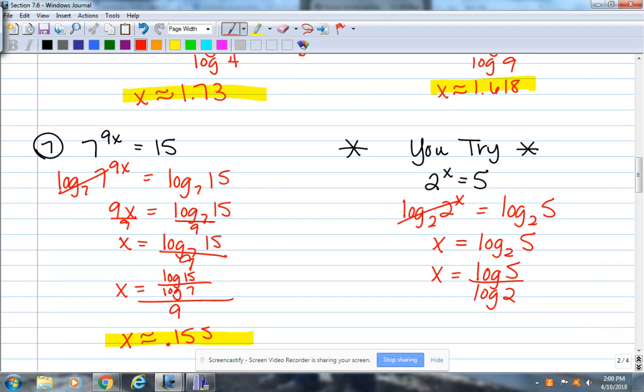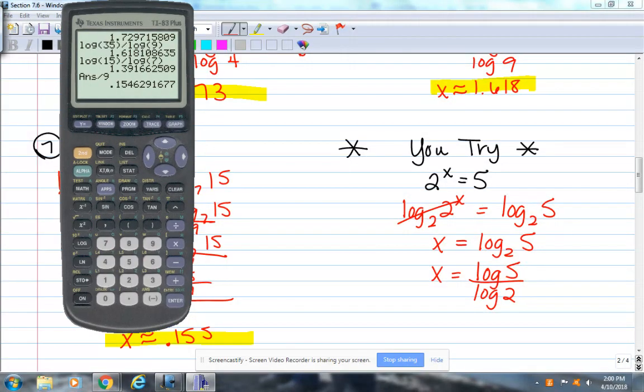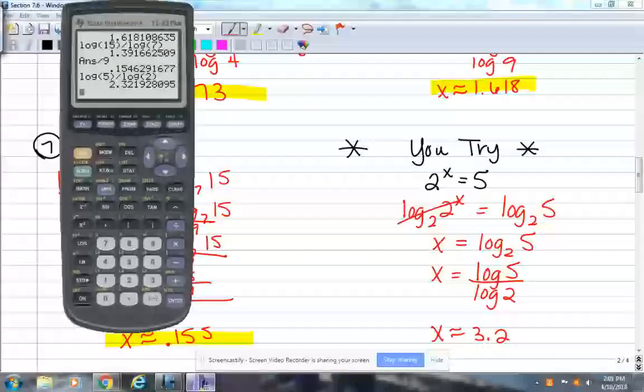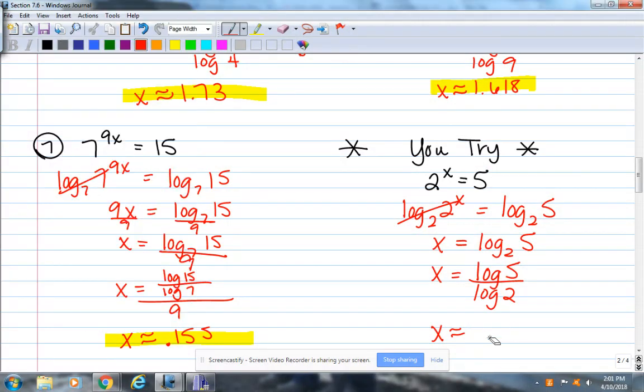Base always goes on the bottom. So y'all type that in. Log 5 divided by log 2. What did y'all get for your decimal before I hit enter? 2.3. There you go. So that's about 2.322.